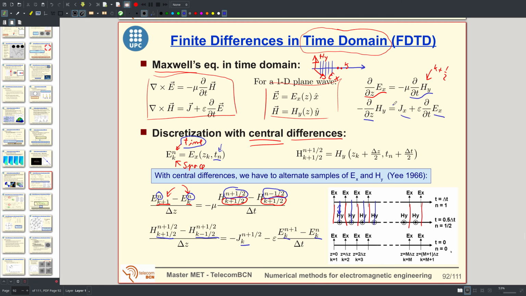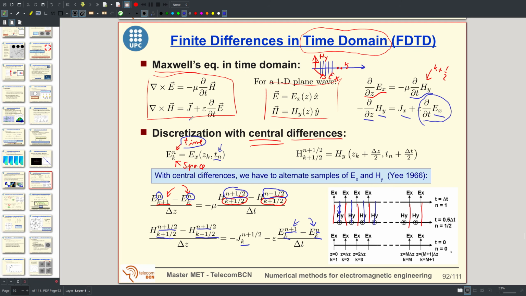In time, we have the time derivative of the electric field, so we subtract the sample at n plus 1 minus the sample at n, and we get the derivative of the electric field, which is related to the magnetic field, at position n plus 1/2, that is the midpoint between n plus 1 and n.